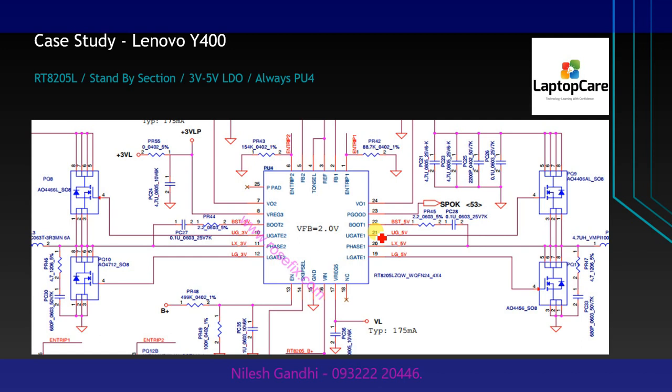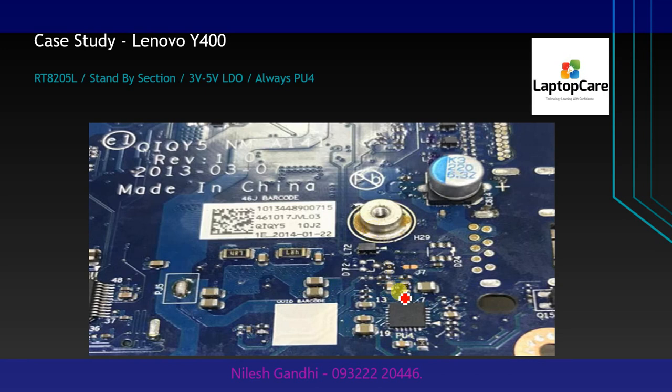This is the PU4 location on the board where RT8205L was placed, and we removed it and placed TPS51125. Even after placing TPS51125, we were not getting the required output, that is 3 volt and 5 volt LDO.